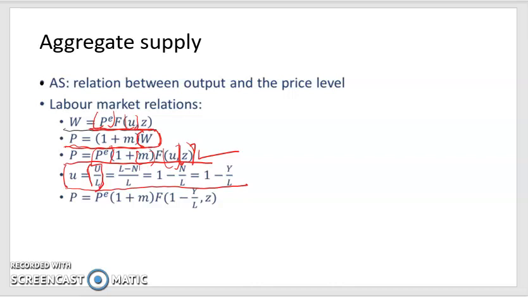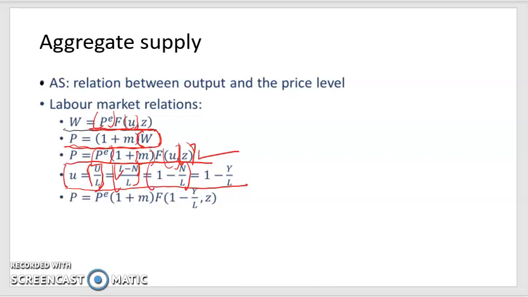The second part follows from the determination of unemployment: labor minus employment equals unemployment. The third part is simply us simplifying the fraction.